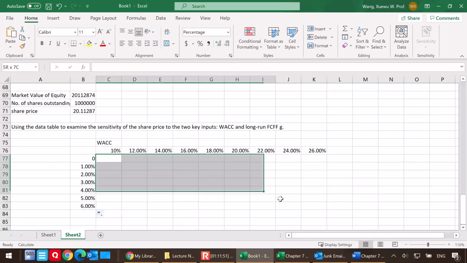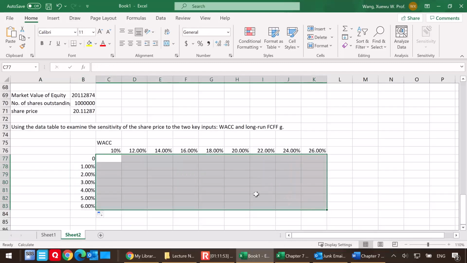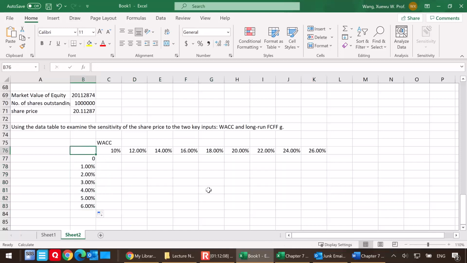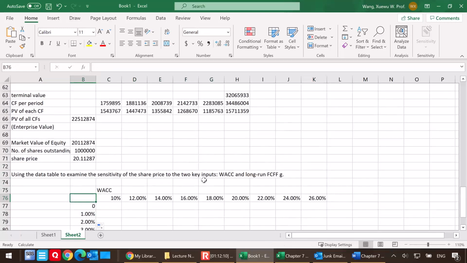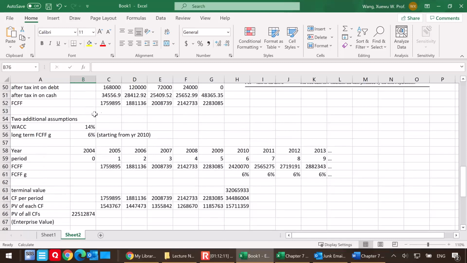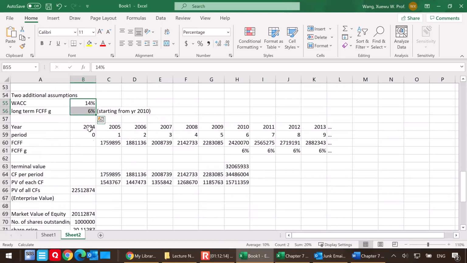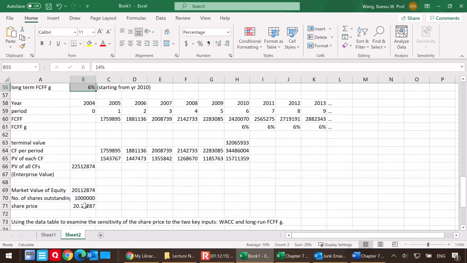These are the different combinations of the weighted average cost of capital and the long run free cash flow growth rate, and we want to populate these cells with the corresponding share price for each of the combinations. What we need to do is make sure that you have the 2 input cells here, and there's a link between your input and your output.